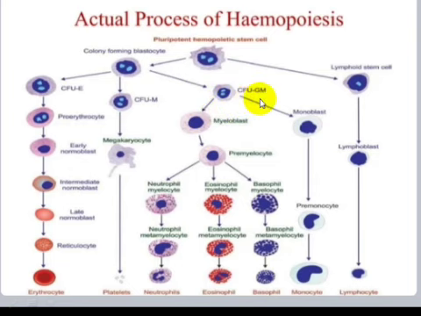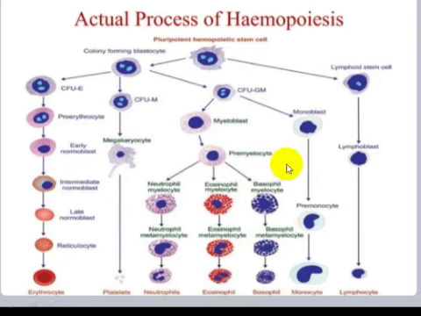This one goes directly to form lymphoblast and then which differentiates to form lymphocytes. Alright? And then this one forms colony-forming unit erythroid, which differentiates to form red blood cell. And then the colony-forming unit megakaryocyte, which differentiates to form megakaryocyte and what? Platelets. Okay?